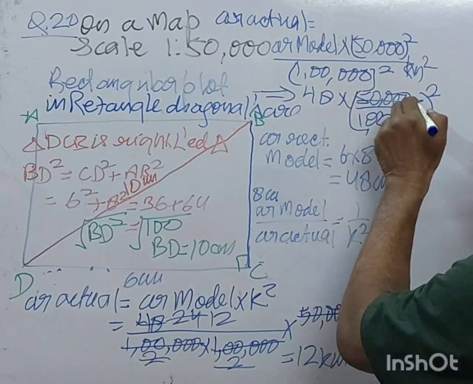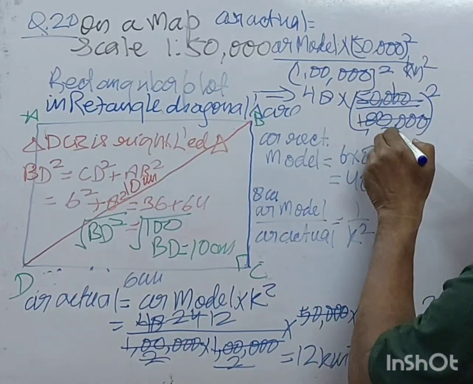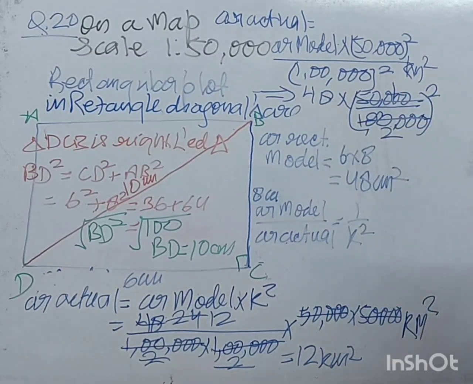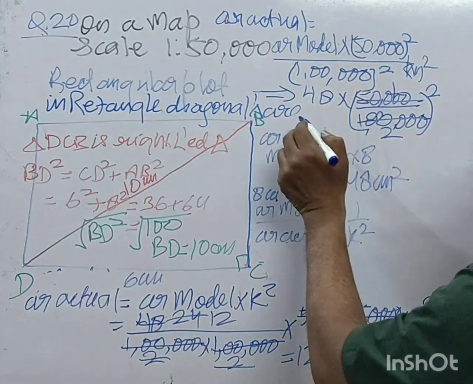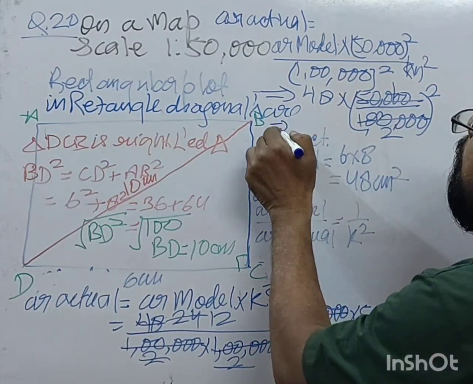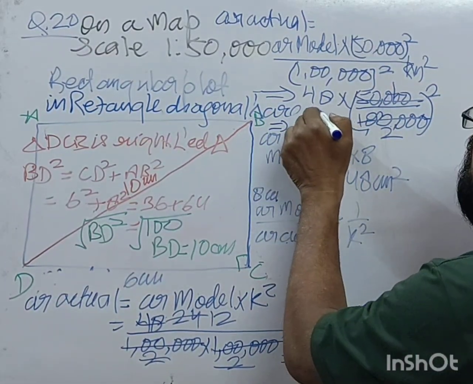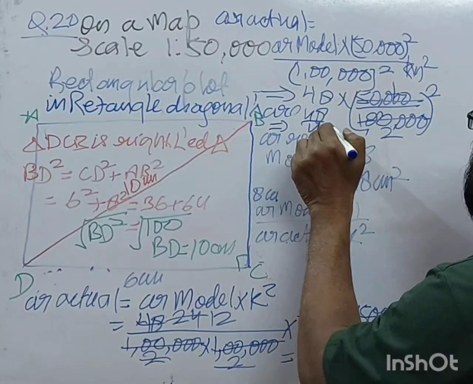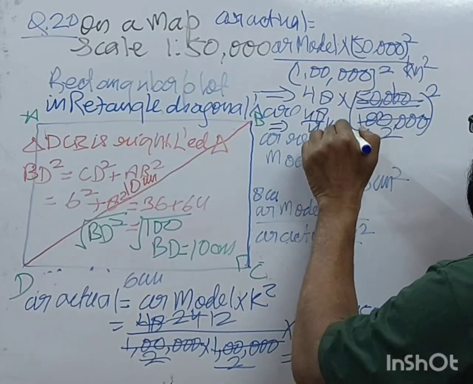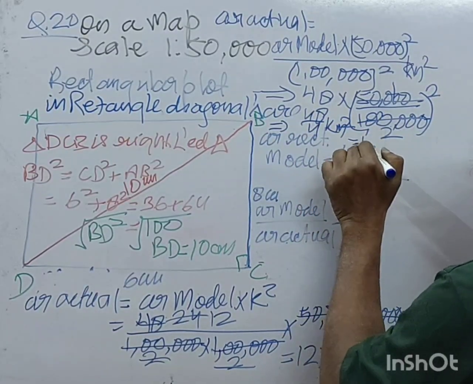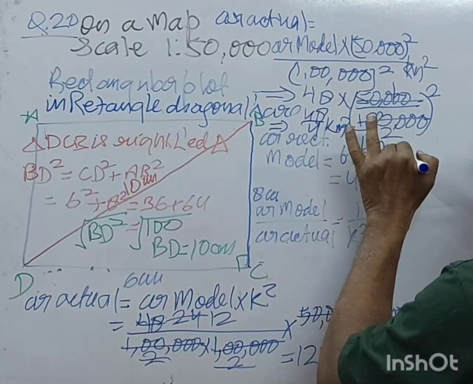So it is 2 times, and 2 square is 4. So you get here 48 upon 4 kilometer square. So we get 12 kilometer square, right?